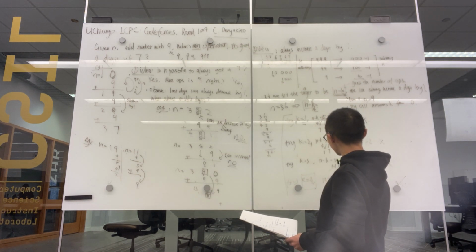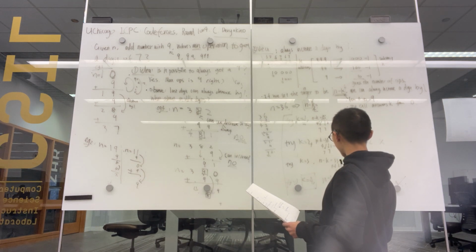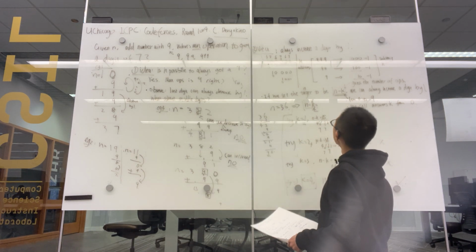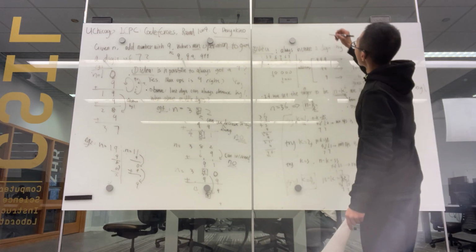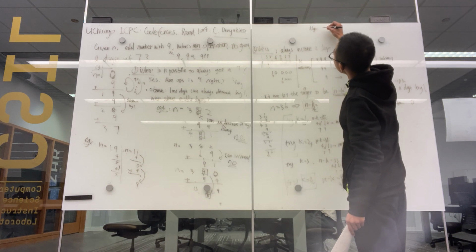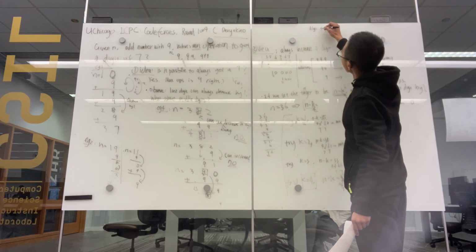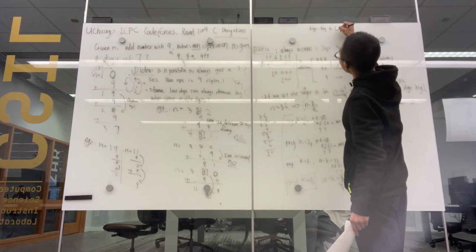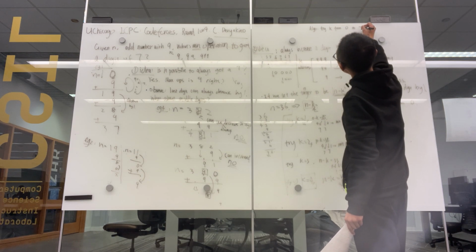3 and 2, and see how much they are away from our desired digit. So the algorithm is to try all the k, try k from 0 to 9.